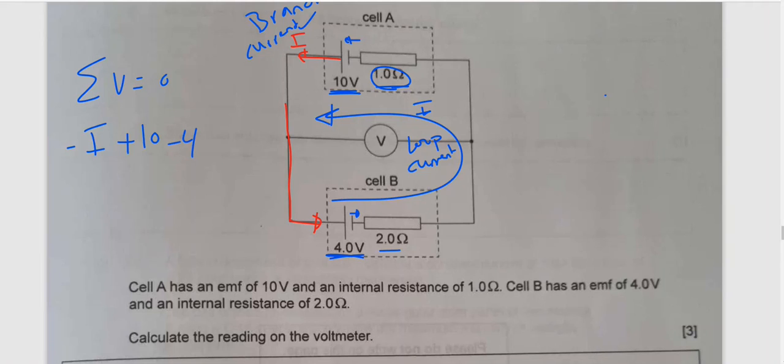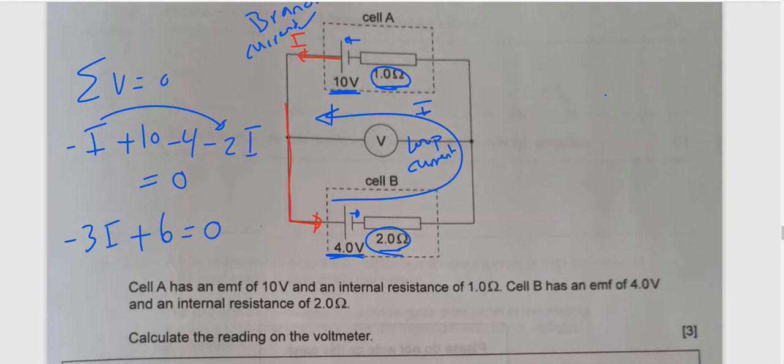And the blue current and the red current go in the same direction, so I have negative the resistance 2 times the current I. This will equal 0. To simplify, we combine like terms, negative 1 and negative 2, so I will have negative 3I. 10 minus 4 plus 6 will equal 0.